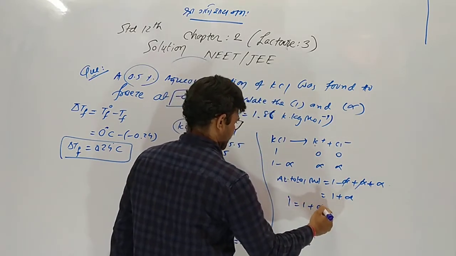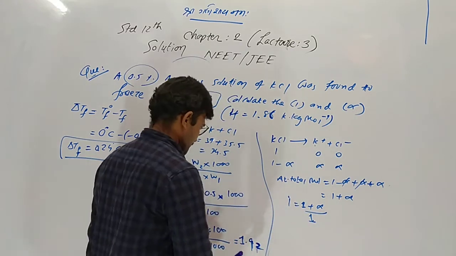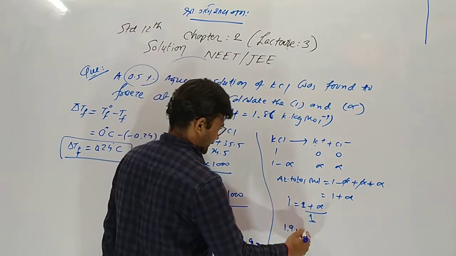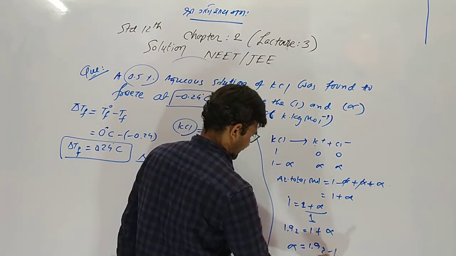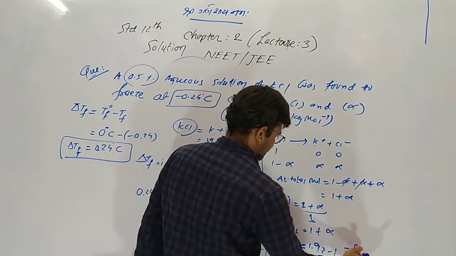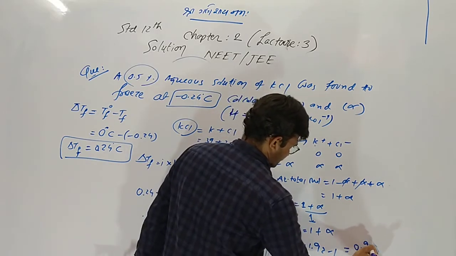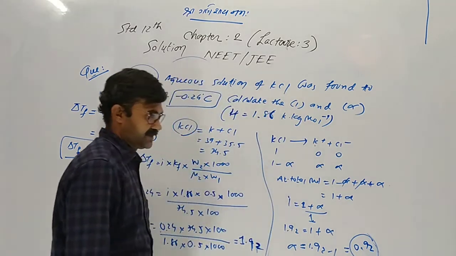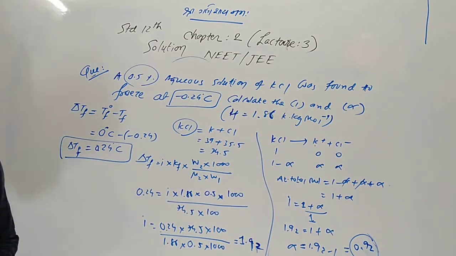So i is equal to 1 plus alpha upon 1. The derived value of i is 1.92, so alpha will be 1.92 minus 1, so it is 0.92. The degree is 0.92, but percentage should be multiplied by 100. So 92% will be the answer.